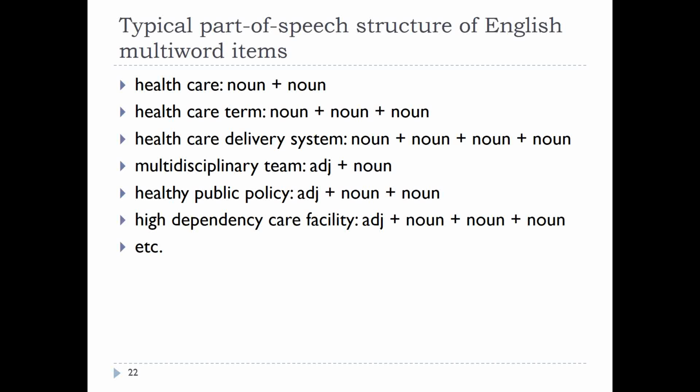Generally, or very often, a two-word term would consist of a noun plus another noun. And then for longer terms, you could have noun plus noun plus noun, or indeed noun plus noun plus noun plus noun. An alternative structure for a two-word term might be adjective plus noun, and then you can get adjective plus noun plus noun, or adjective plus noun plus noun plus noun. And there are a few other permutations as well, I think.